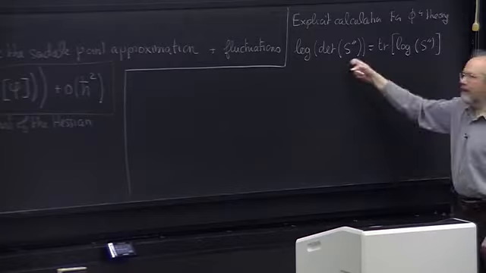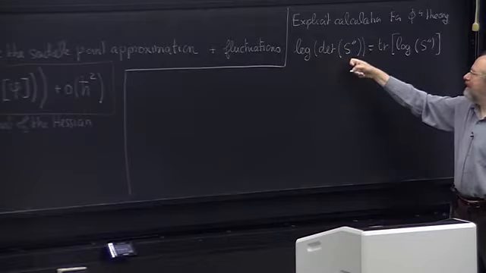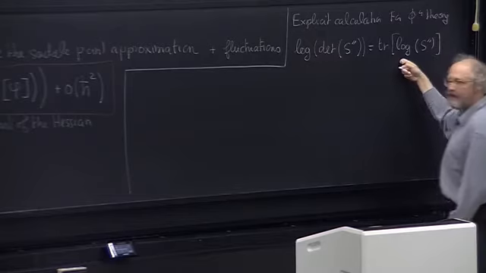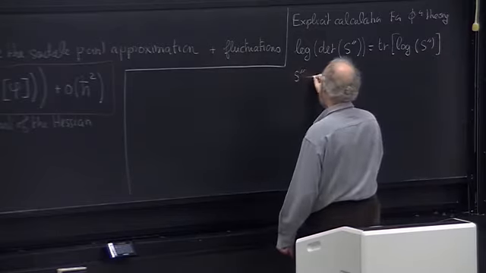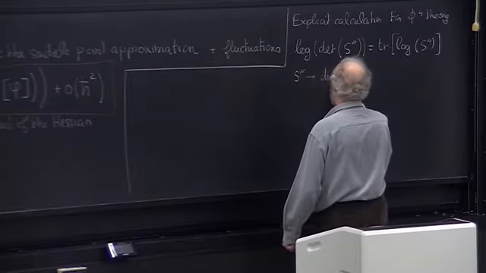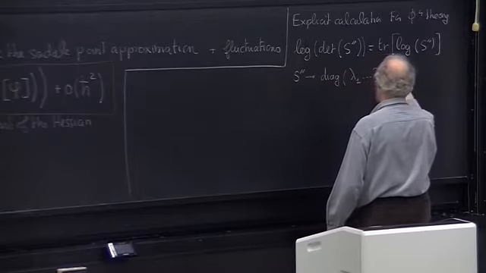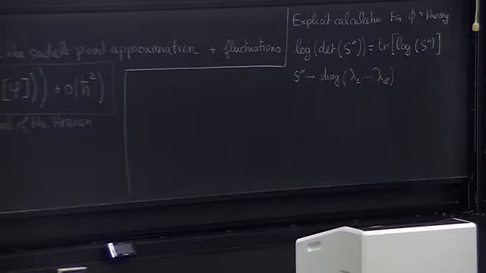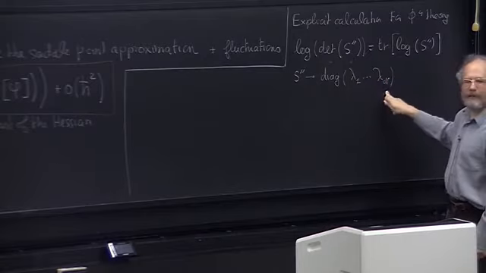And you can check on finite symmetric matrices that this formula is true, simply because you diagonalize. This is a formula that doesn't depend on the basis. So if S is replaced by a finite dimensional matrix, if you take the diagonal matrix with eigenvalues lambda 1 up to lambda n, the log of the determinant of this is just the log of the product of the eigenvalues.